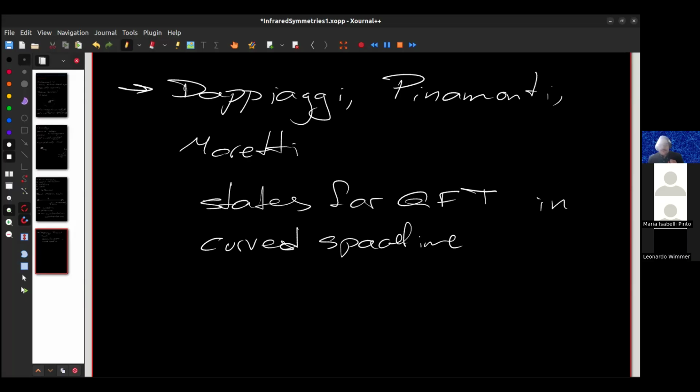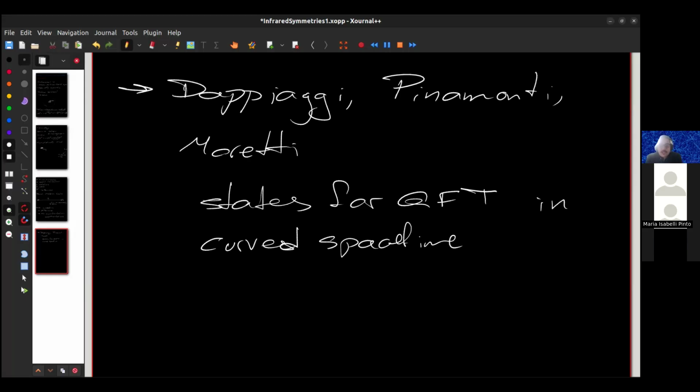In quantum field theory in Minkowski spacetime, it is very easy to get the observables. That is something quite straightforward to construct, but it is very difficult to construct physically reasonable states for quantum fields, especially if you are trying to do that in a mathematically rigorous manner, which is what Dapiaggi, Pinamonti, and Moretti were trying to do.